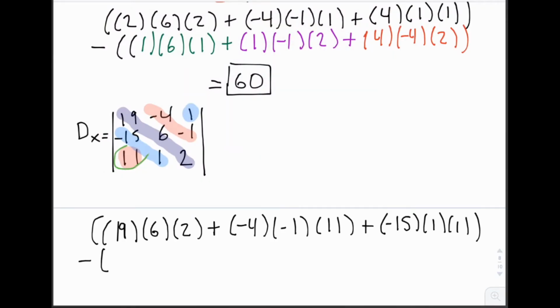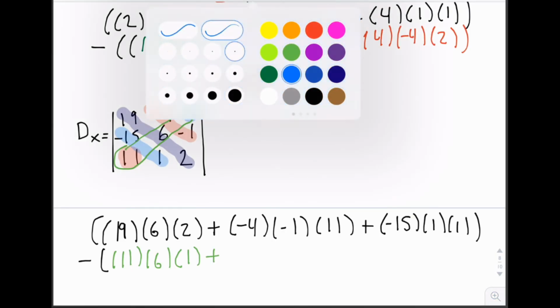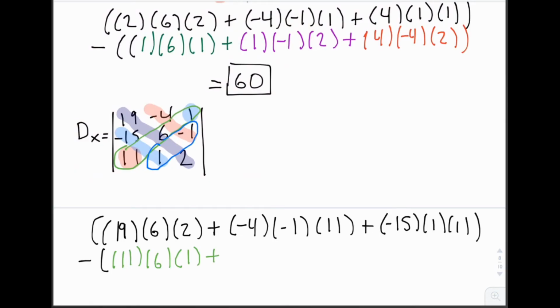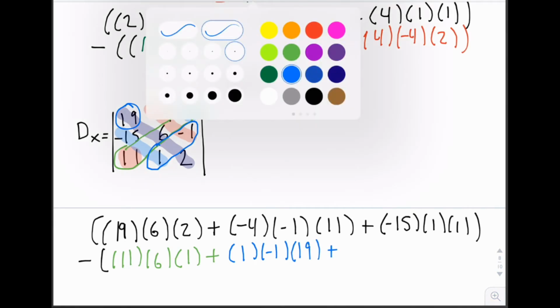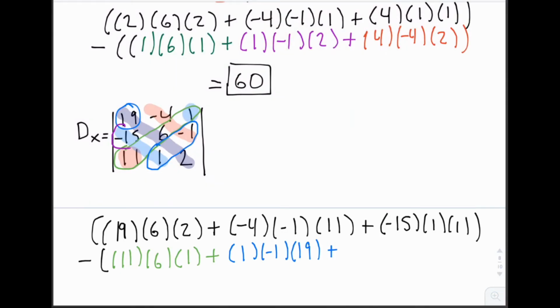We'll have an 11, 6, and then a positive 1, plus 1, -1, opposite corner, positive 19, and our last diagonal is this negative 15, negative 4, opposite corner, positive 2.